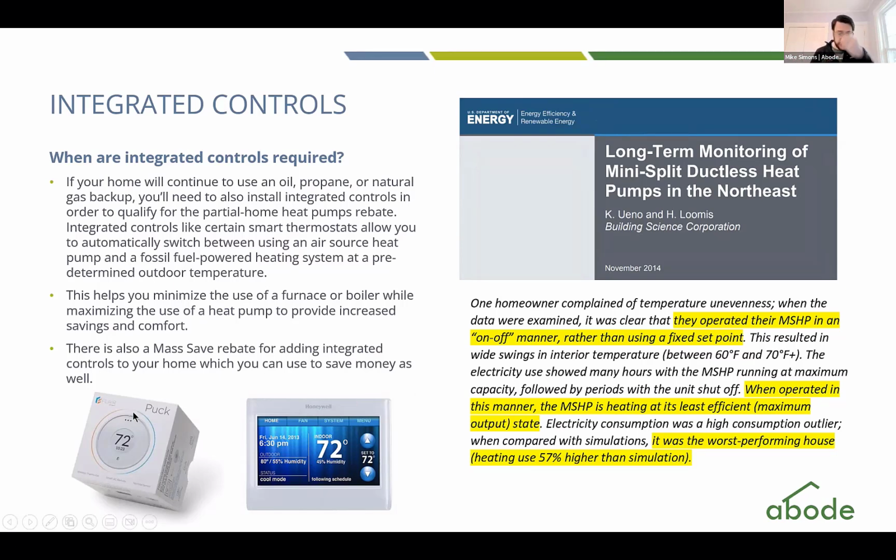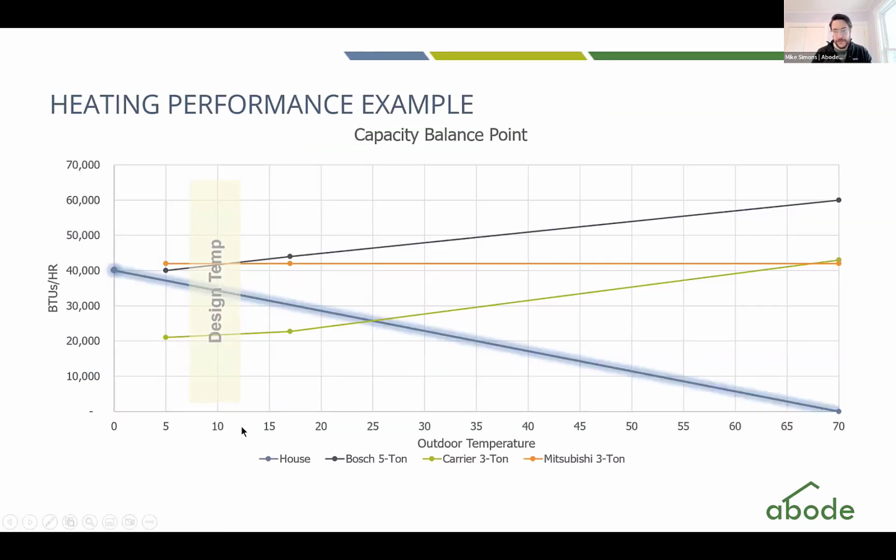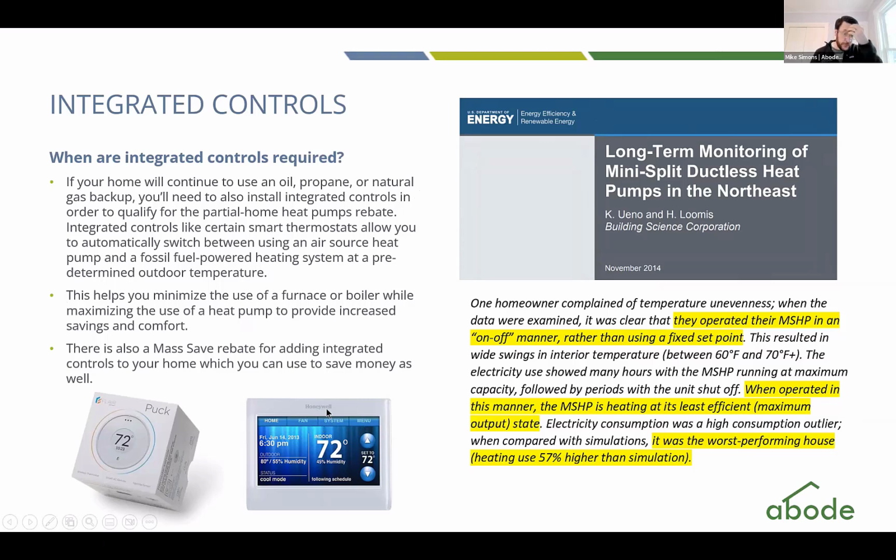So what this combination of integrated controls could look like is there's a Wi-Fi thermostat on your wall that's connected to your fossil fuel-based system. When the outdoor temperature falls below, say, 30 degrees, this thermostat on your wall will communicate either with a third-party device or potentially directly to a ductless unit that has Wi-Fi built in, and will say, heat pump turn off, fossil fuel-based system turn on.